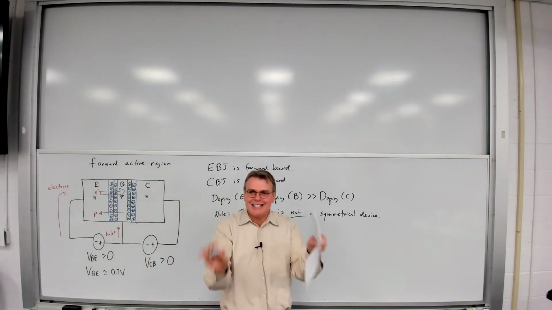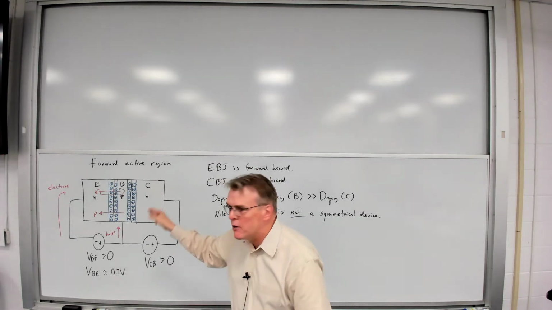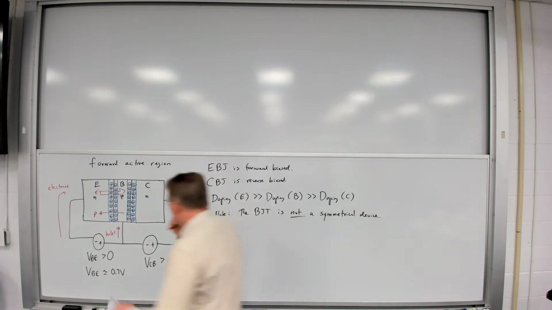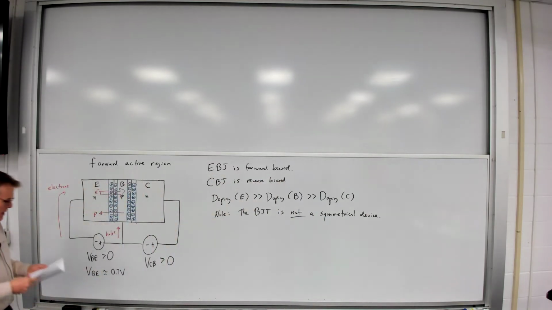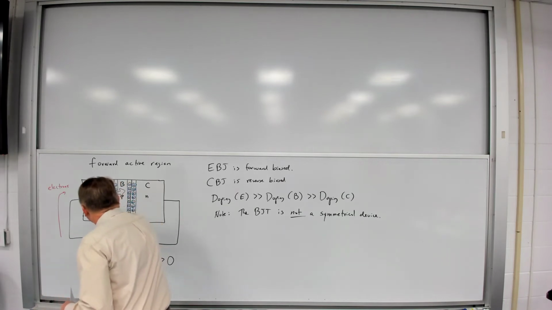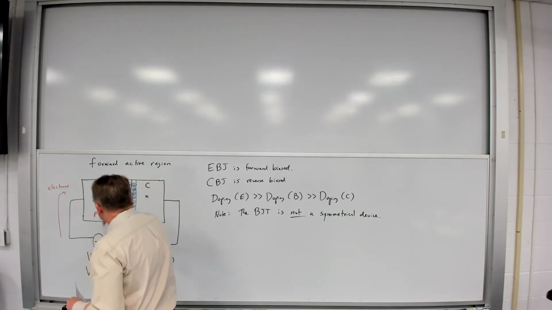And that asymmetry is because of the much higher doping of the emitter. All right? So electrons are diffusing emitter to base, holes from base to emitter.